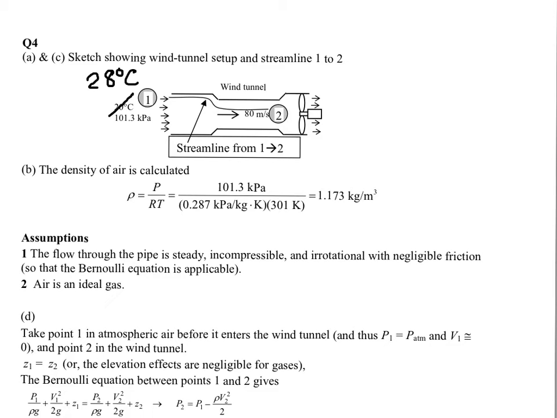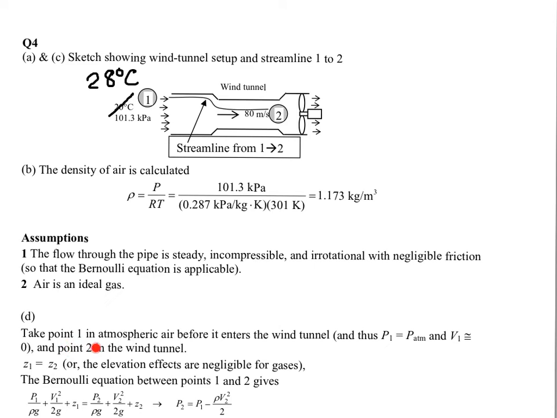We now take point 1 at atmospheric pressure before the wind tunnel, as shown in the sketch, and we have all the parameters. P1 is atmospheric, and because point 1 is sufficiently far away, V1 is practically equal to 0, very small.